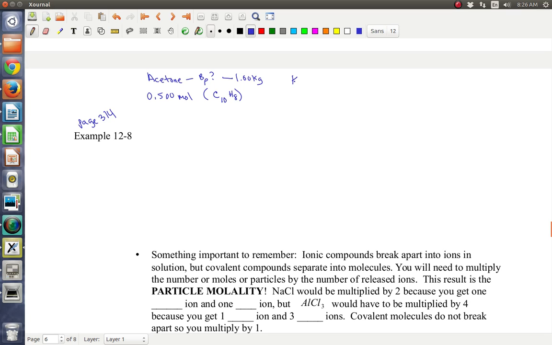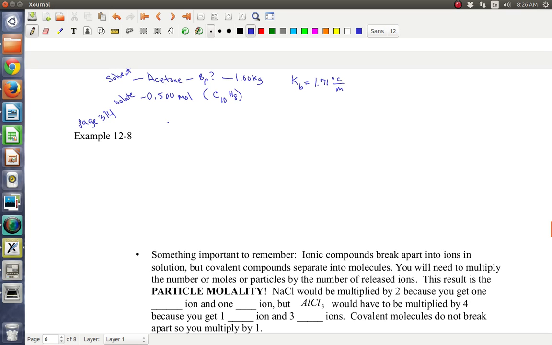And then it gives me the molal boiling point constant, the K sub B, equal to 1.71 degrees C per molal. First of all, since this is being dissolved in acetone, this is the solvent, and this is the solute. Keep that in mind.